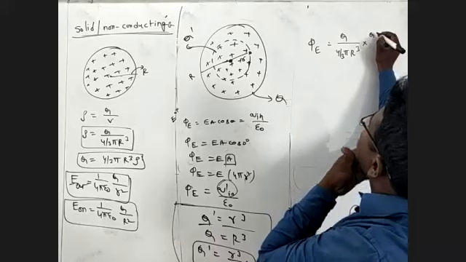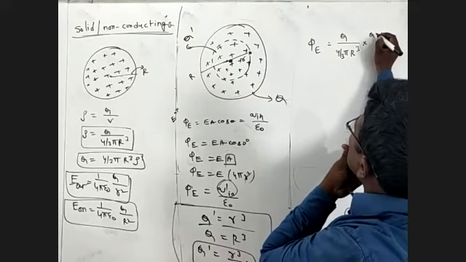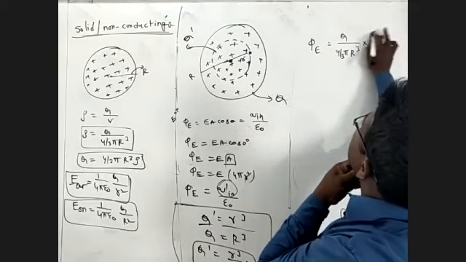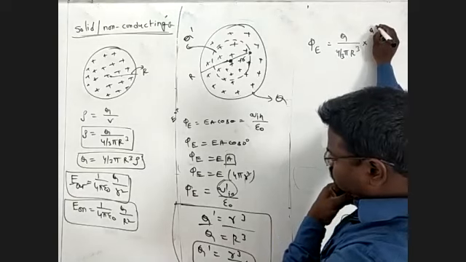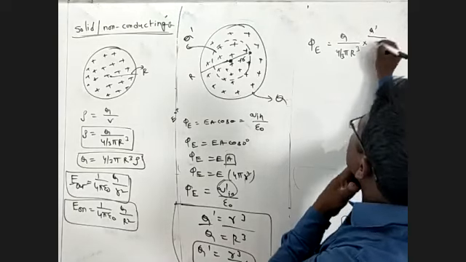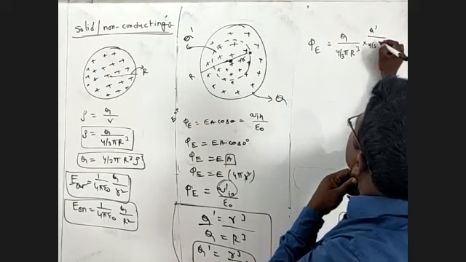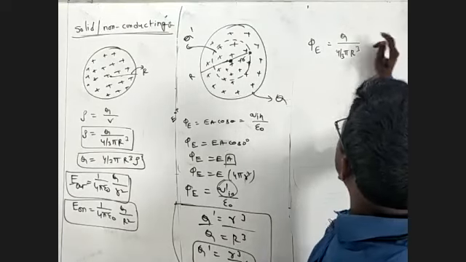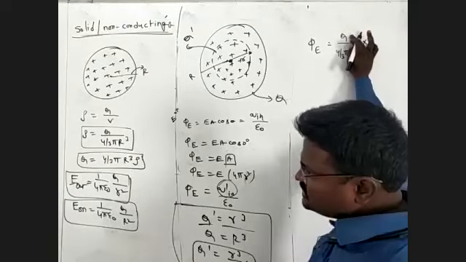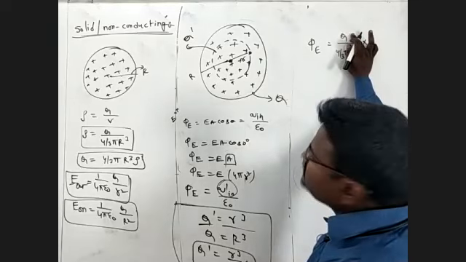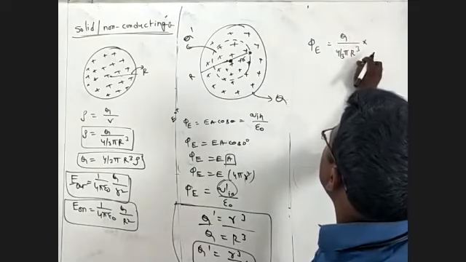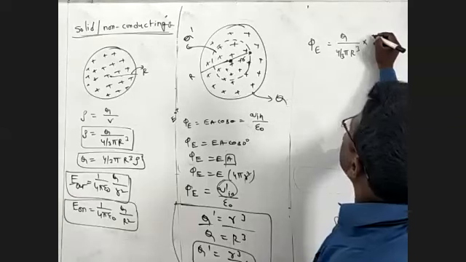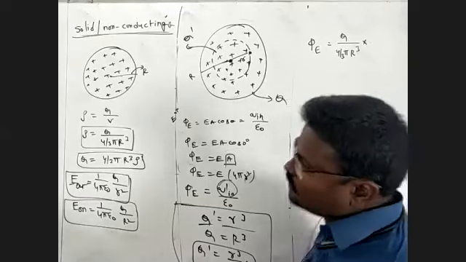That is what we are taking as Q dash: Q dash by 4 by 3 pi small r cube is equal to the total charge Q by 4 by 3 pi capital R cube, and the remaining is the volume of charge.